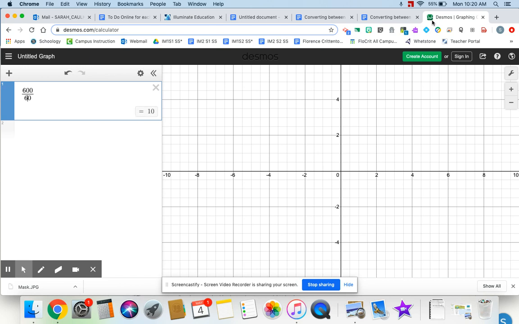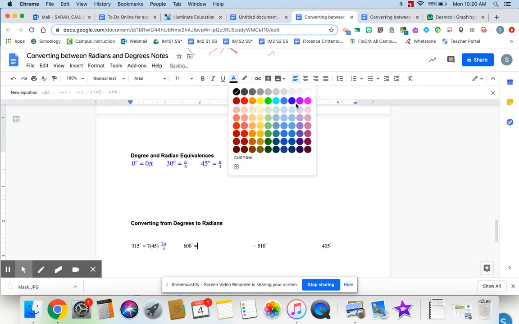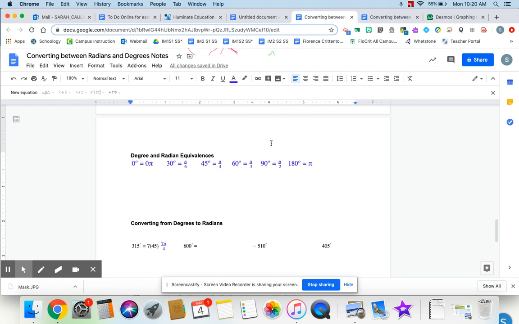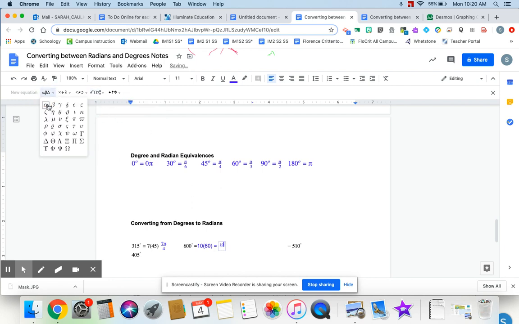Decimal. But for sure 60. So if I divide it by 60, I'd get 10 of them. So having 600 is the same thing as having 10 of the 60s, which is the same thing in radians as having 10 of a pi over 3.